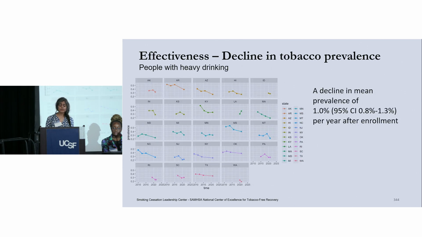This is among people with heavy drinking, and you can see that most states had a decline. There were some states going in the opposite direction, and you'll see that some states only have 2 time points because they just recently had their summit, and we're capturing the last 5-year time point. But this was a decline of around 1% per year.